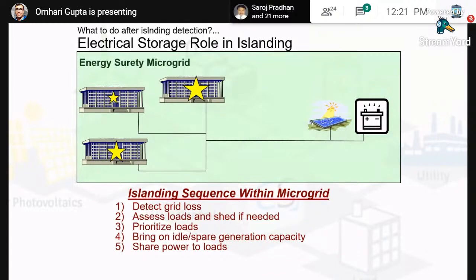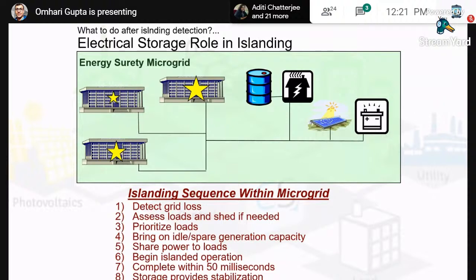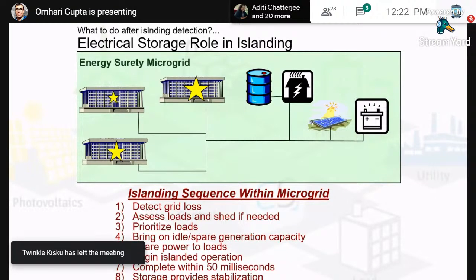If you have several other generating capacity, you connect them to the system and then share power to the loads. Okay, just like this. So if you have a diesel generator backup, you connect it, and begin islanded operation. Okay, then you can begin the islanded mode of operation and complete it within 50 milliseconds.